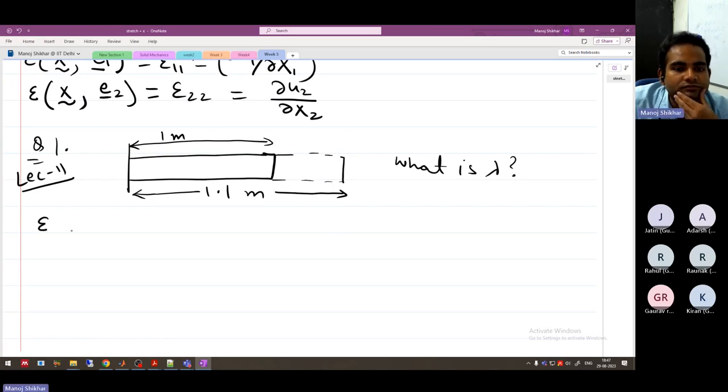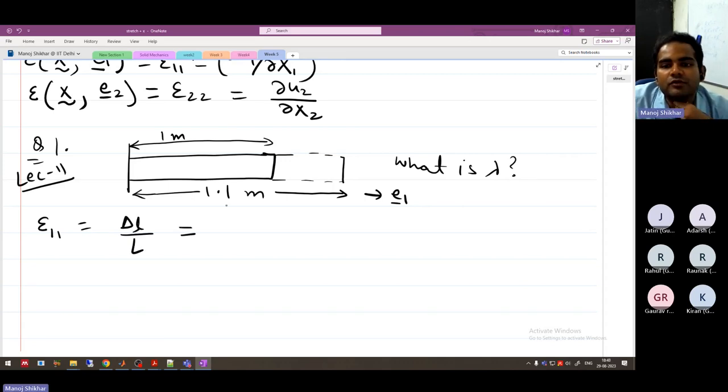So what is strain here? Suppose this is the E1 direction. So epsilon 1 is what? Delta L by capital L, right? Delta L is what? 1.1 minus 1. Capital L is 1. So epsilon is 0.1.